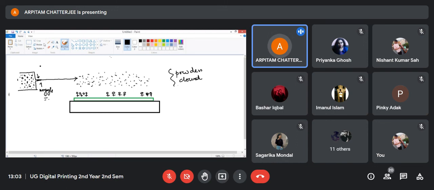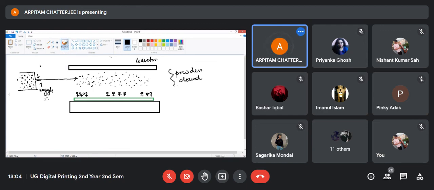Then again the same thing, the development electrode comes into the picture, and that is also at the same potential as this. The purpose of the development electrode here, more than uniformity, is that it works as a collector.